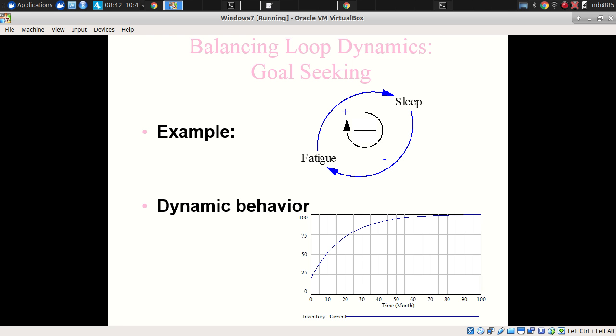Same thing with, I get hungry, I eat, and it tends to bring my hunger back into balance. I get thirsty, I drink water, it tends to bring my thirst back into balance. My salt metabolism, my weight, etc. There are regulatory processes, some conscious, some physiologic, some organizational, some legal or regulatory, that bring our systems back into balance.